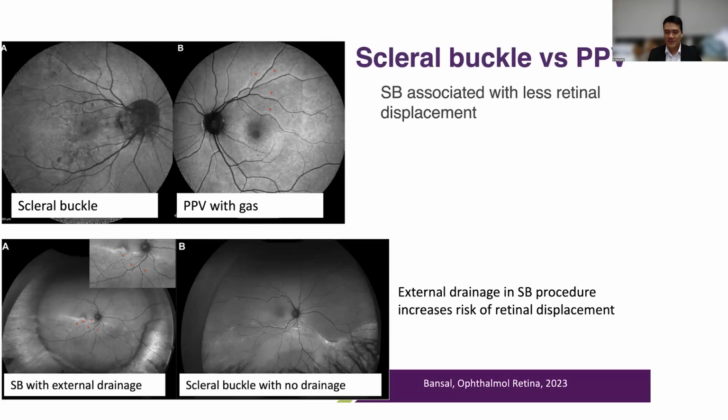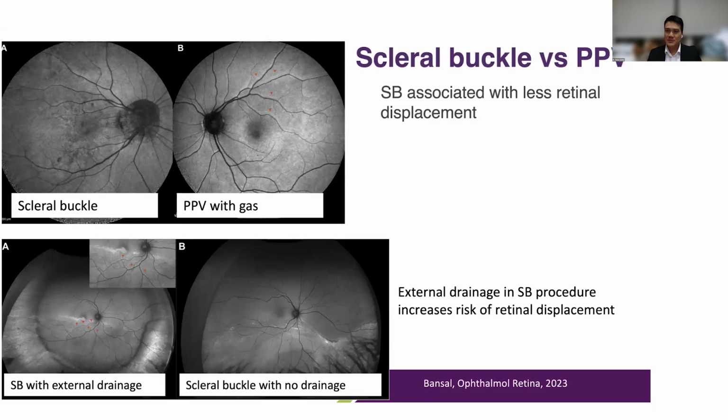So in fact, I think there's a paradigm shift among retinal surgeons to do less external SRF drainage when we are doing external RD repair. But it may not always be possible to avoid external subretinal fluid drainage, especially in very bullous retinal detachment.